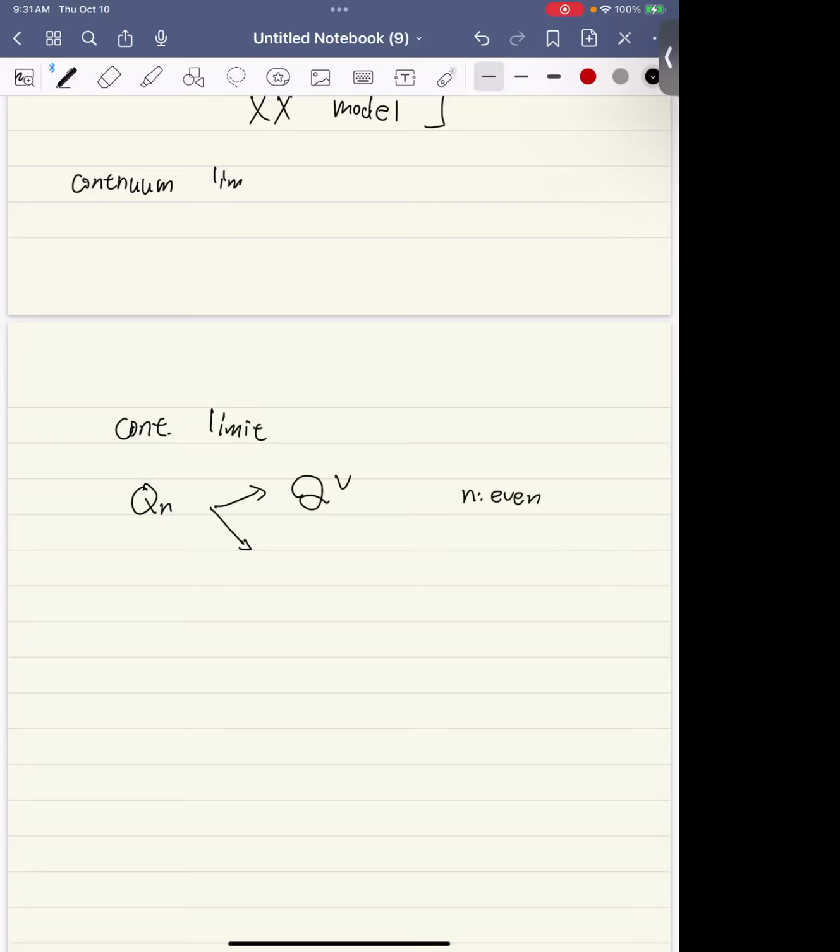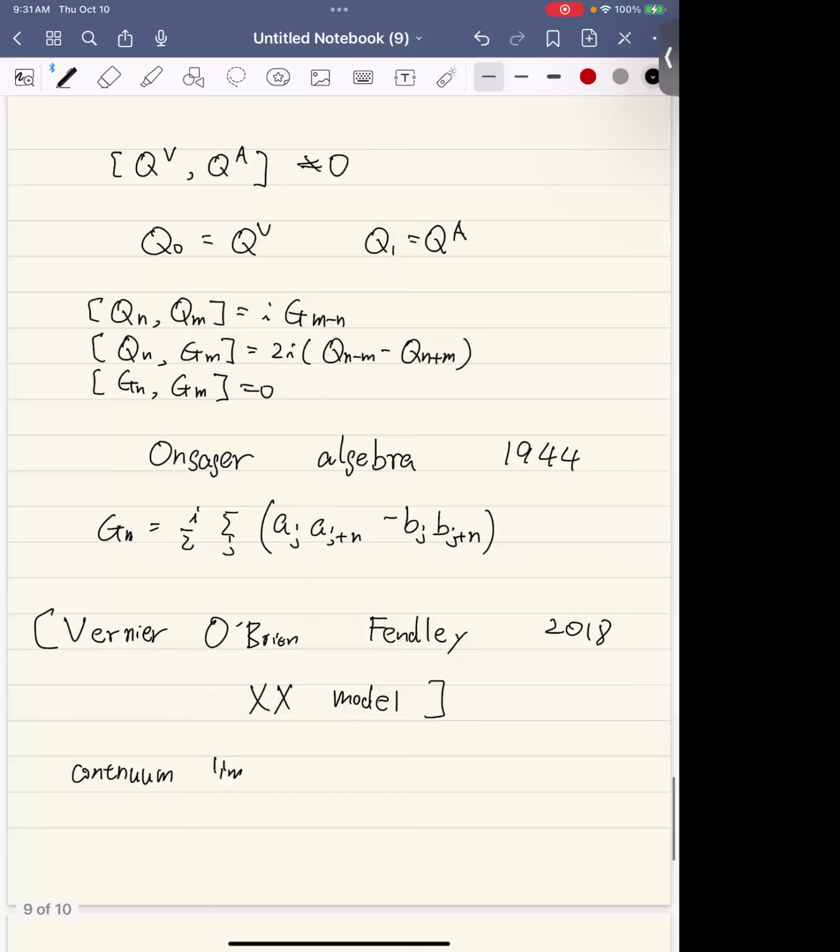I'm picking n to be finite, so the continuum limit is taking L to infinity with n fixed. And it becomes the axial symmetry when n is odd. And all the G_n's go to 0. So the continuum limit is kind of stupid. The continuum limit trivializes this algebra.